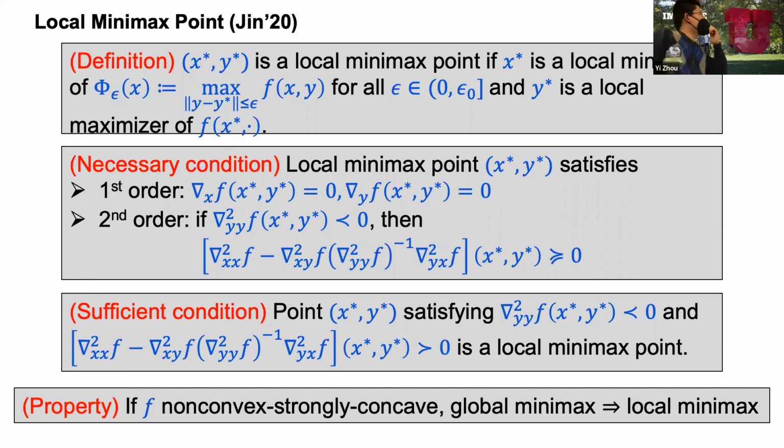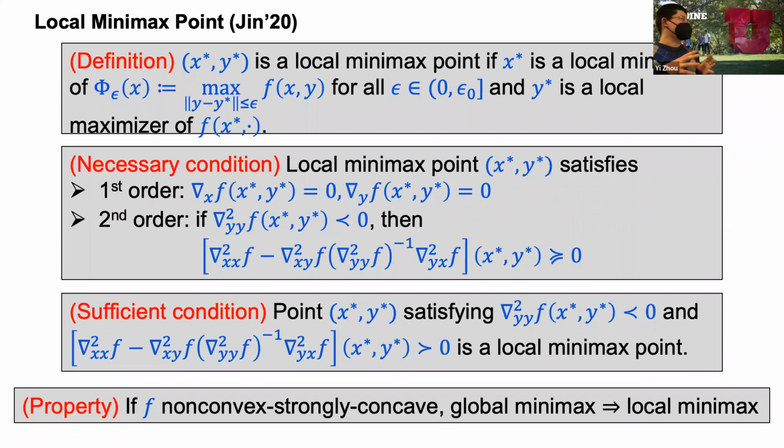Yes, but since everything is localized, we can construct very weird examples. That's why it's counterintuitive. The tricky part seems to be that f can be non-convex and non-concave. So the function class of f is a very large class.